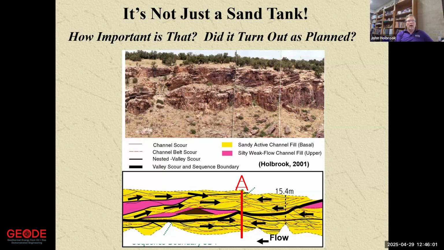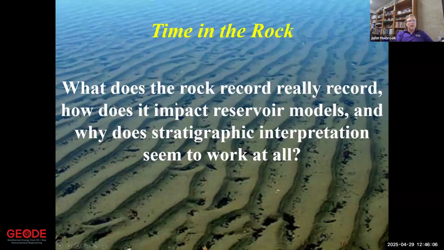So what I want to do now is spend a little time just talking about reservoirs and how they're built. Ideally, you won't use everything I'm going to talk about, but you'll have a better sense of how a reservoir is actually built to better understand the internal complexity of them, and therefore understand how to deal with them and how to predict problems, and when you should probably be worried and when you shouldn't be worried about connectivity and heterogeneity in your reservoir.